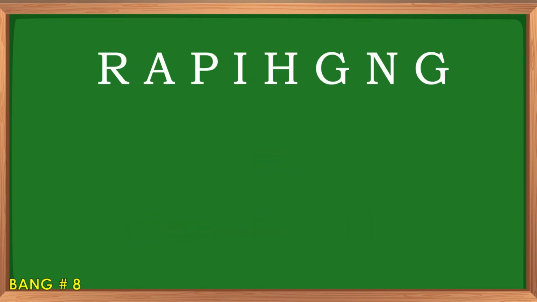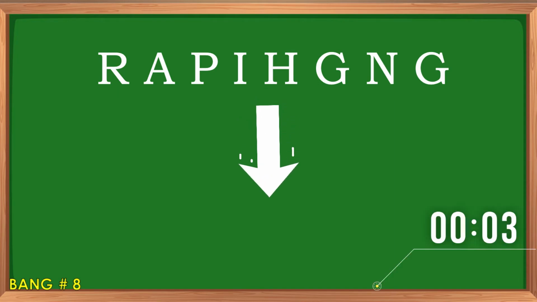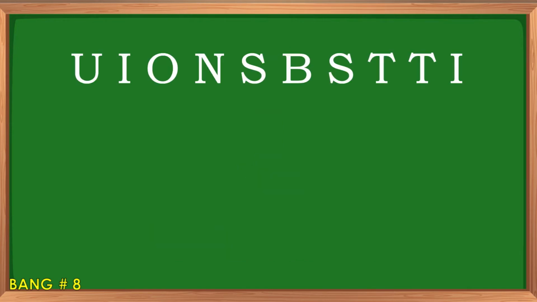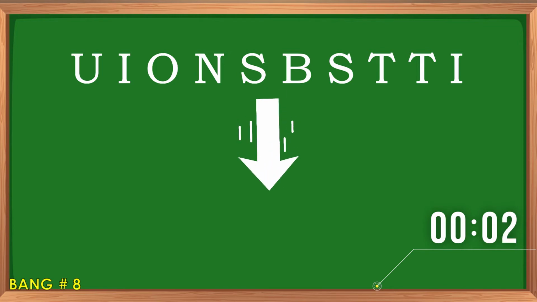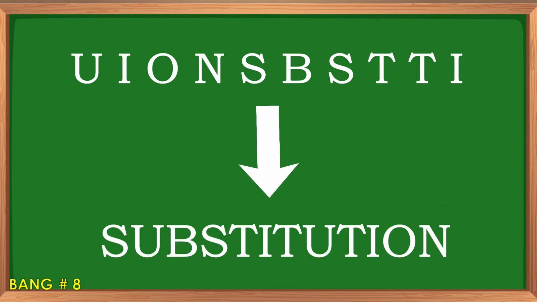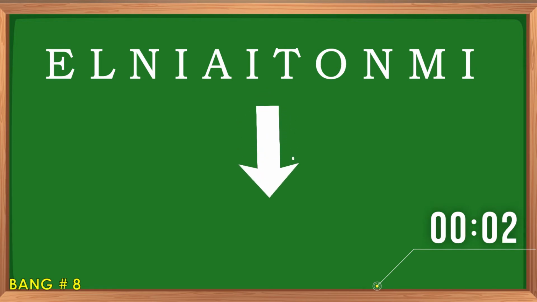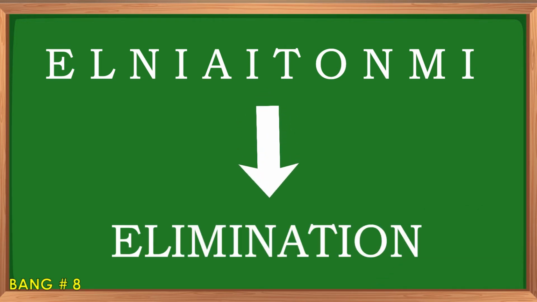Let us have this first jumbled letters. The word is graphing. Correct. What about this one? The answer is substitution. Very good. Next, the word we form is elimination.